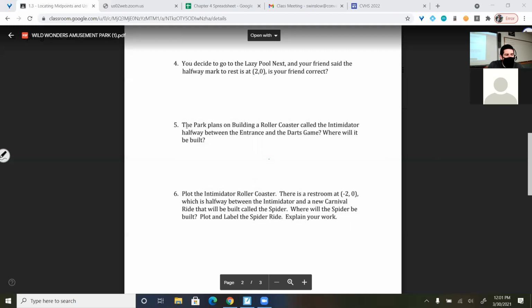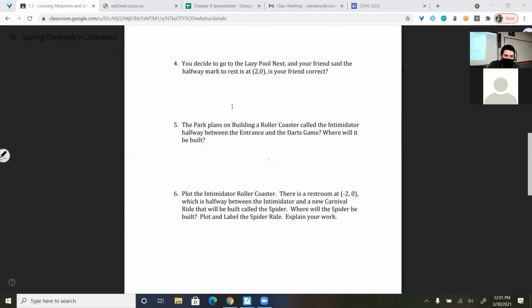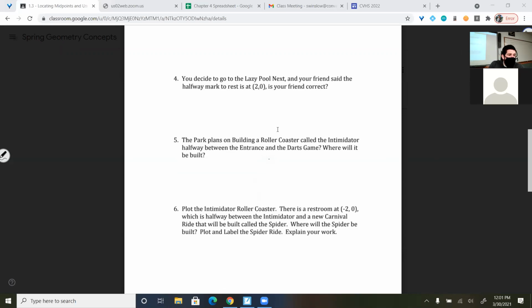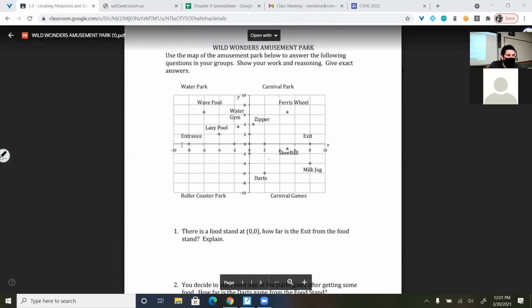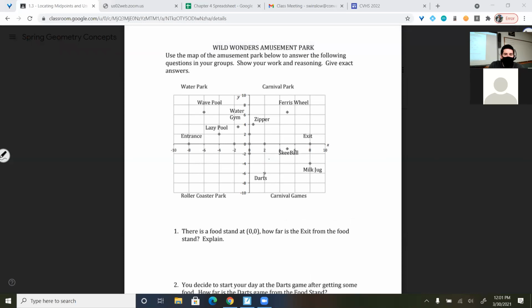That is number 5. The park plans on building a roller coaster called the Intimidator. And that will be halfway between the entrance and the darts game. Where will it be built? So the entrance is at (-8, ?) and the darts game is at (2, -6). The Intimidator is going to be somewhere between the entrance and the darts game.